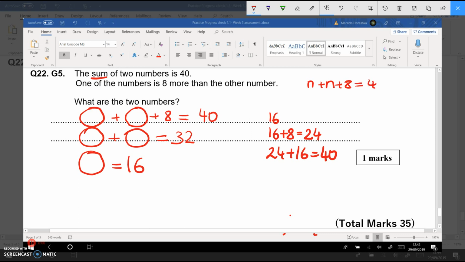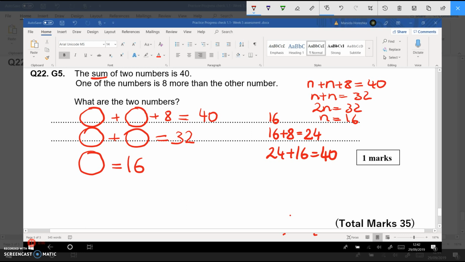So that will be 40 in total. If we reverse the process, then we have n and n equals 32. So two lots of n equal 32. Just one of them will be equal to 16. So that's another way of solving it.